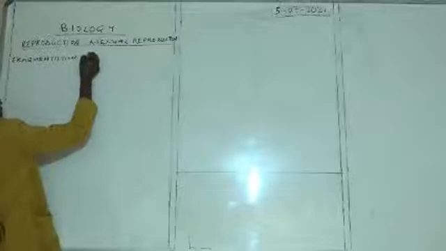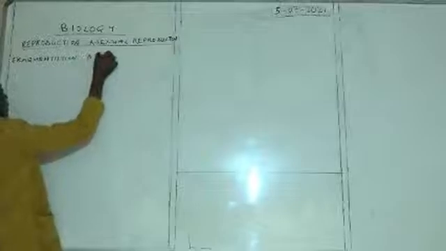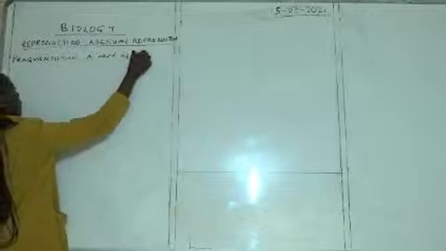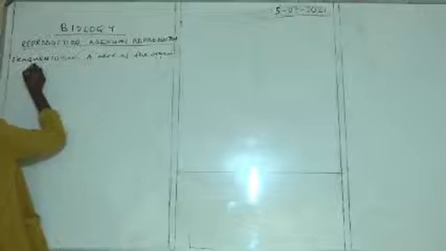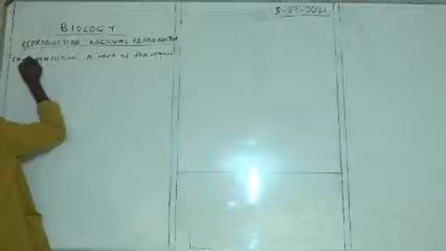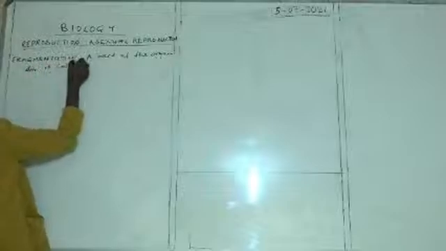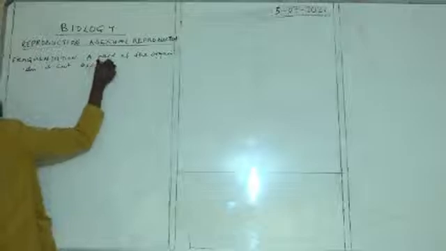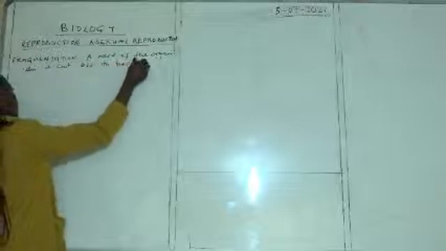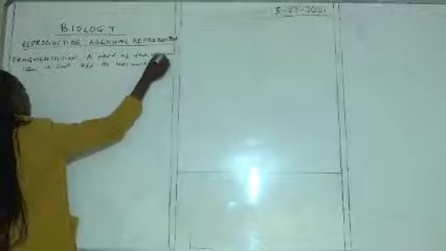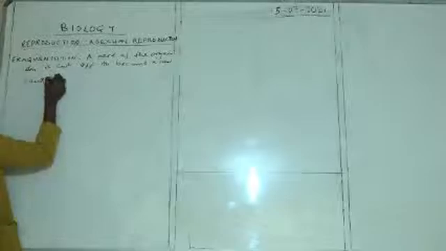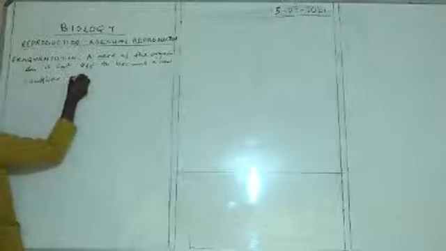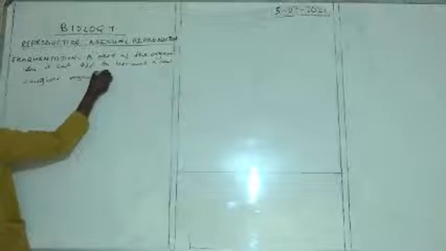okay, we see that a part or piece of the organism is cut off to become a new daughter organism or cell.